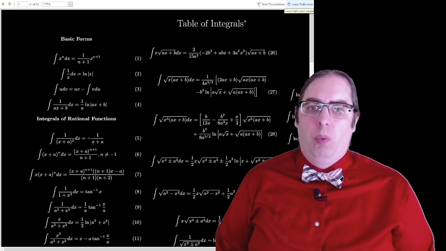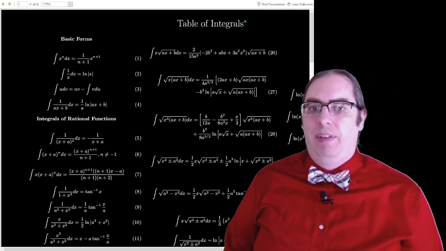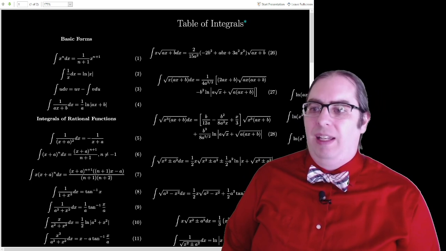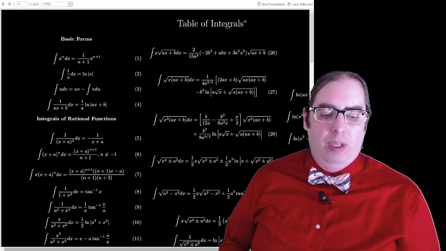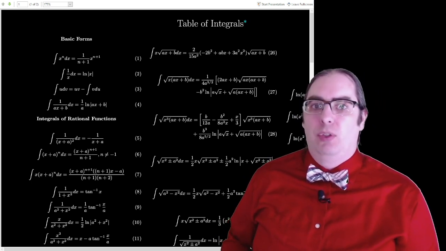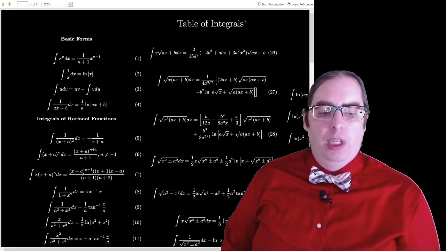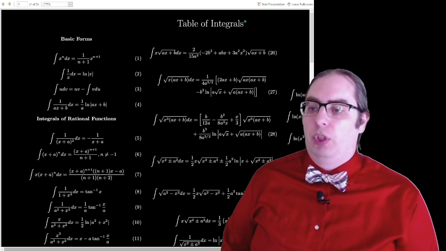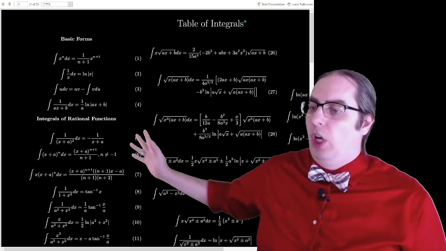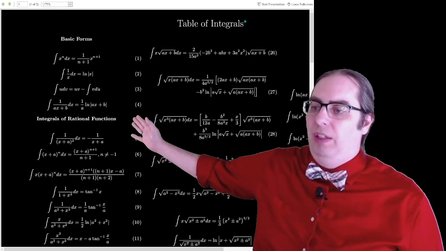Of course, one of the big issues with a table of integrals is that they have to balance between having enough integrals to be useful and having few enough integrals that you can actually search through them. So one of the common features of integral tables is headers.